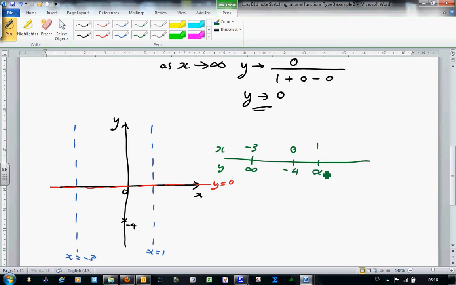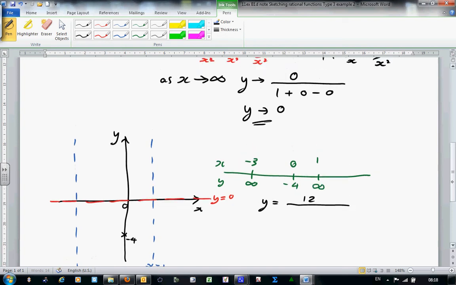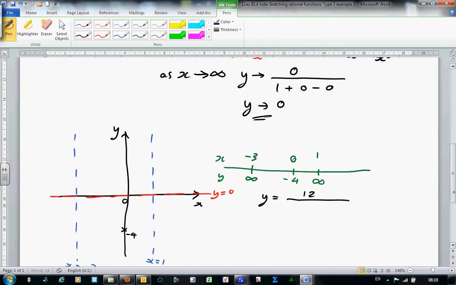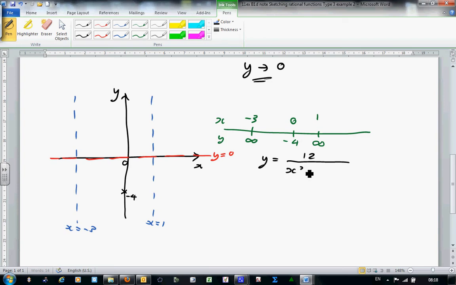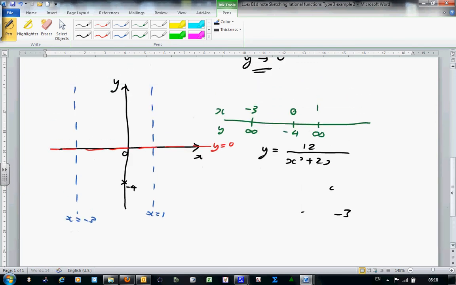Let me just write down our function again so that I've got it. I believe it was 12 over x squared plus 2x minus 3. X squared plus 2x minus 3. And off we go.